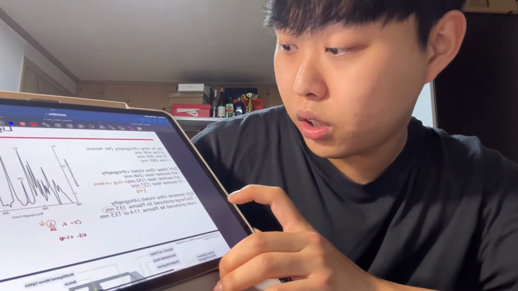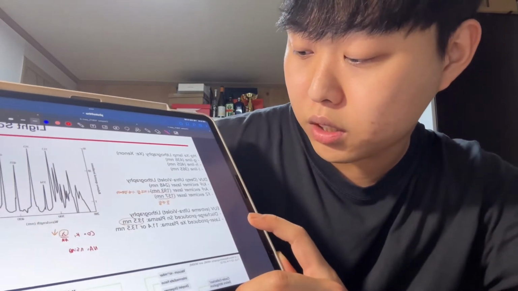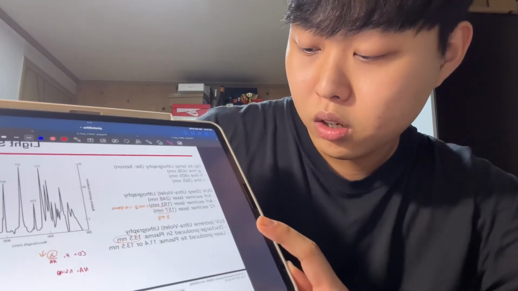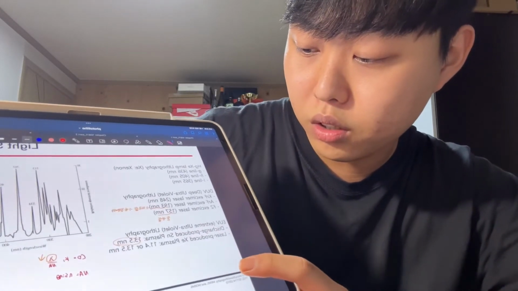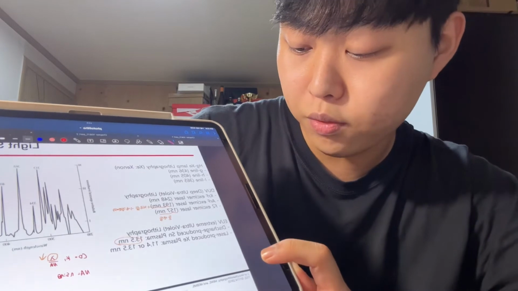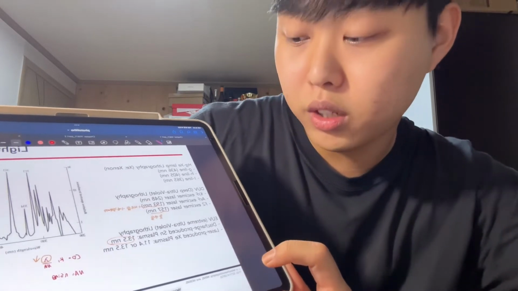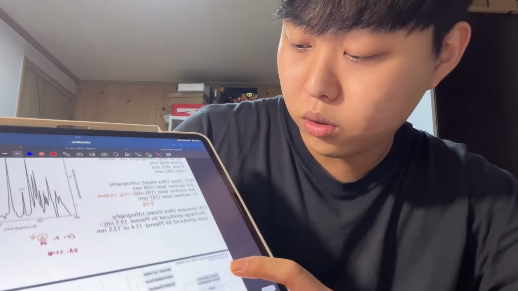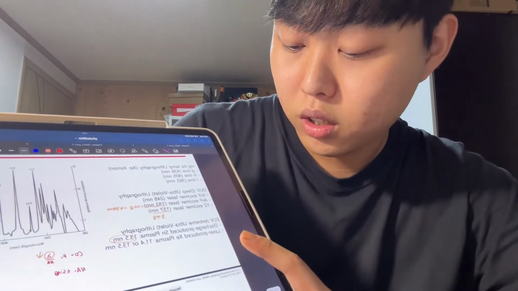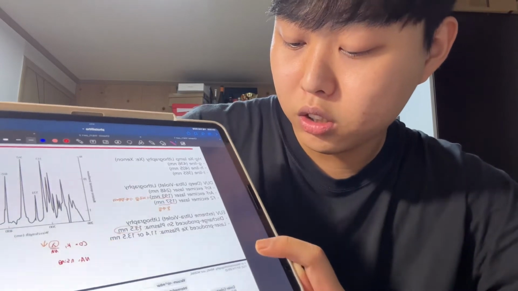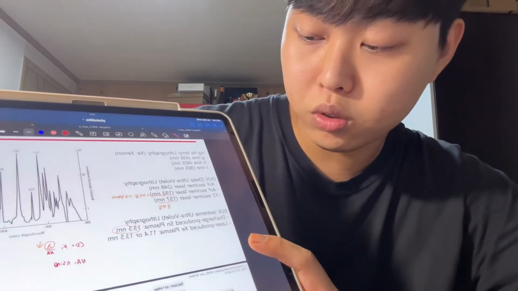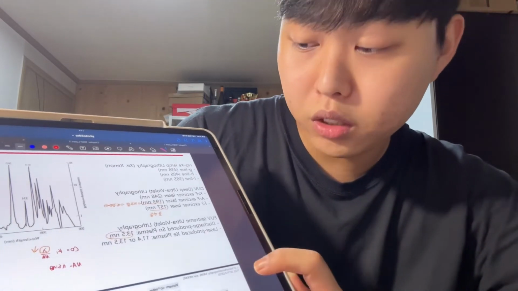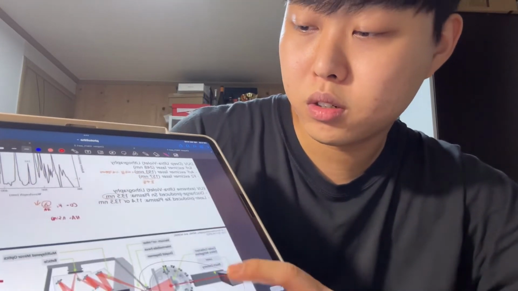These days we usually use the ArF excimer laser, 193 nanometer light, and we often use the F2 excimer laser, 157 nanometer. You just have to know them. And there is an important light, which is the EUV, extreme ultraviolet. It is 13.5 nanometer.